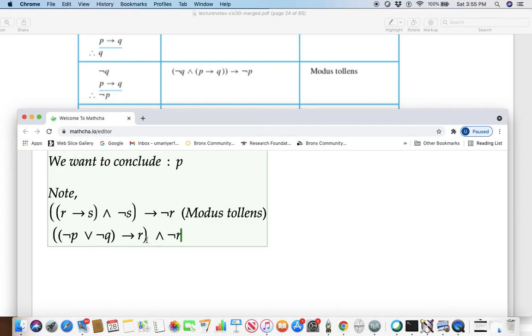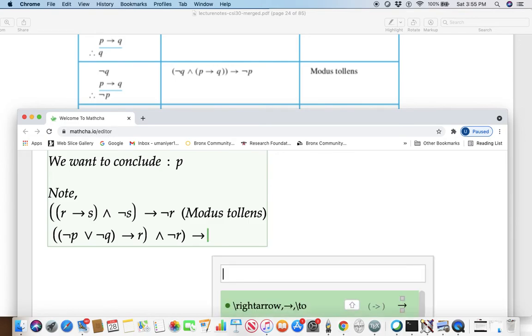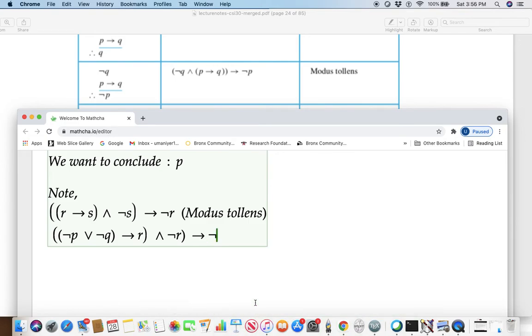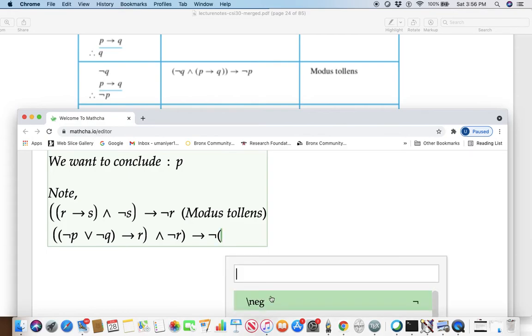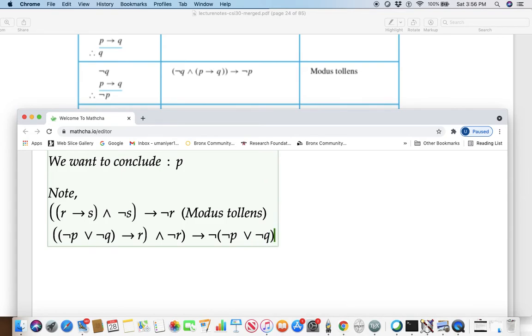So this and not R together implies not P or not Q. You see, not R implies not of this. Okay, so this is also a modus tollens.